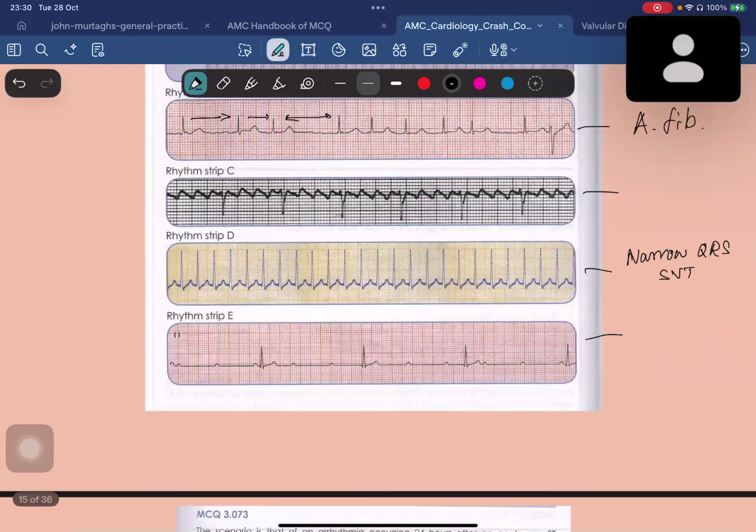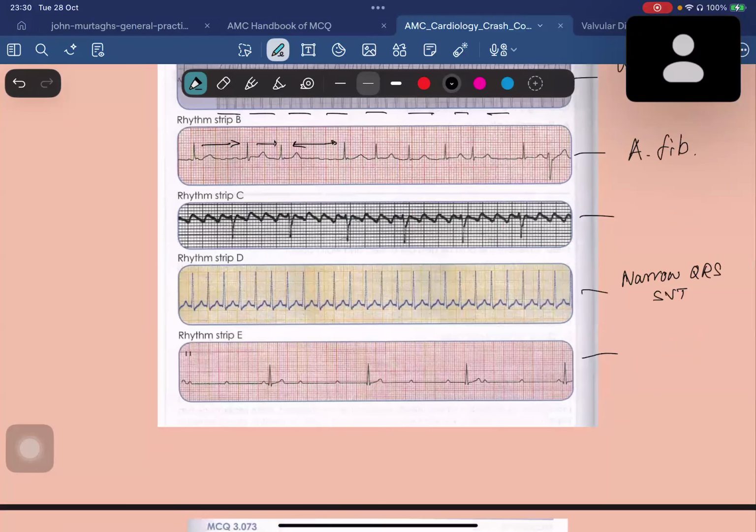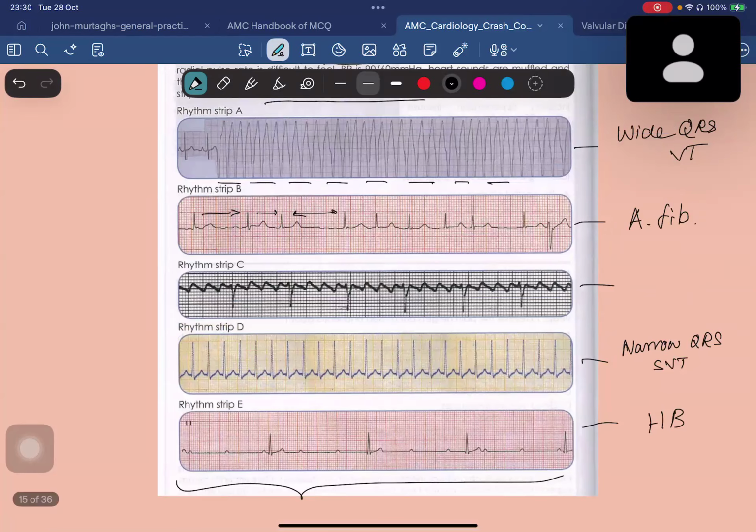Forget about the degree, we didn't discuss that yet, but this is pretty much a heart block. And this looks sawtooth to me. We discussed that sawtooth would be atrial flutter.